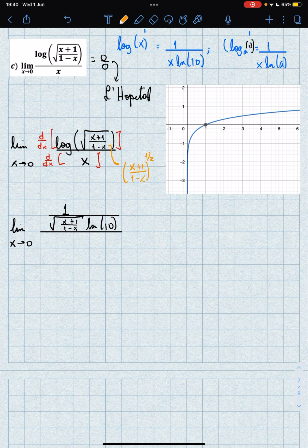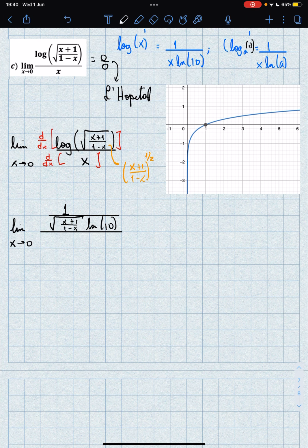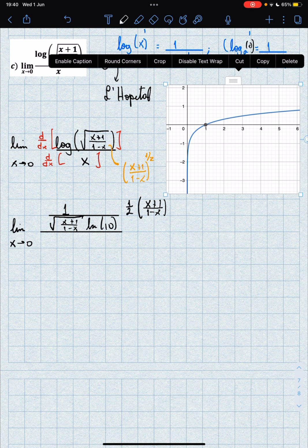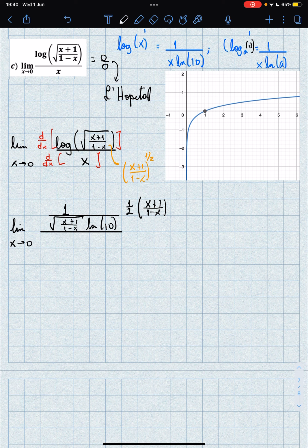And I need to do the calculation, so I'm going to have 1/2 of (x plus 1)/(1 minus x) to the minus 1/2.